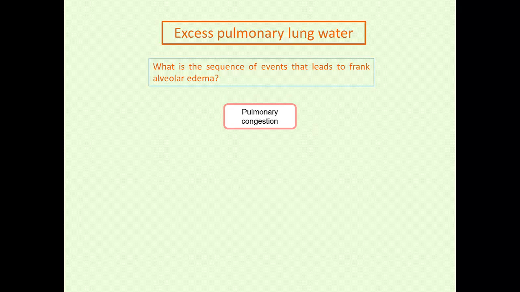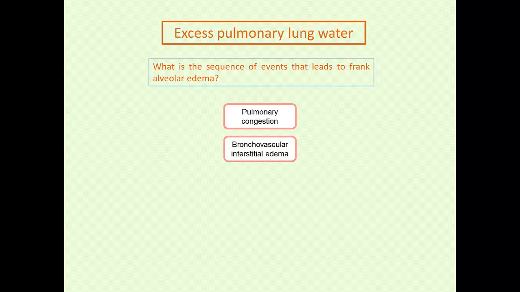You get recruitment and dilation of the pulmonary vascular beds. You get this cephalization on the chest x-ray, where blood flow, which is preferential to the bases because of gravity, is then distributed to the upper lung fields, and you have vascular engorgement of the upper lung zones. But in these patients with true pulmonary congestion, there still hasn't been any extravasation of lung water. It's just plump vessels.